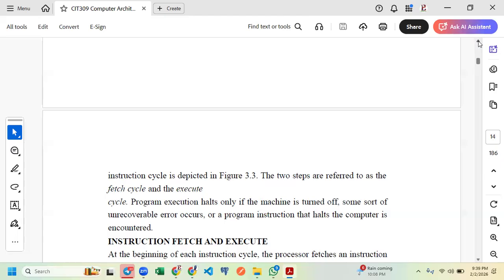While if it's a mathematical instruction, those instructions will be executed by the arithmetic and logic unit. But that was what I've learned so far tonight.